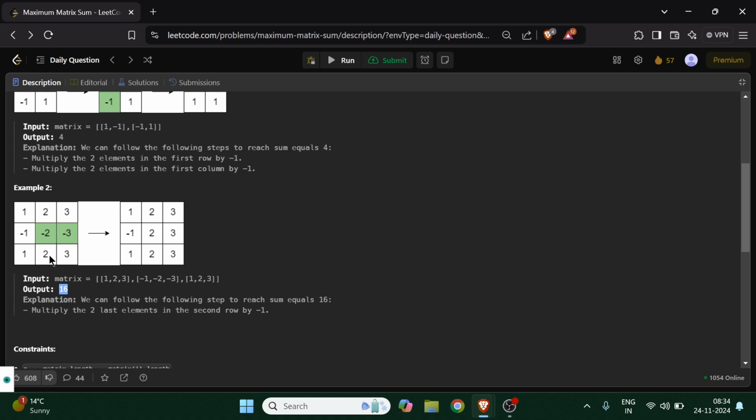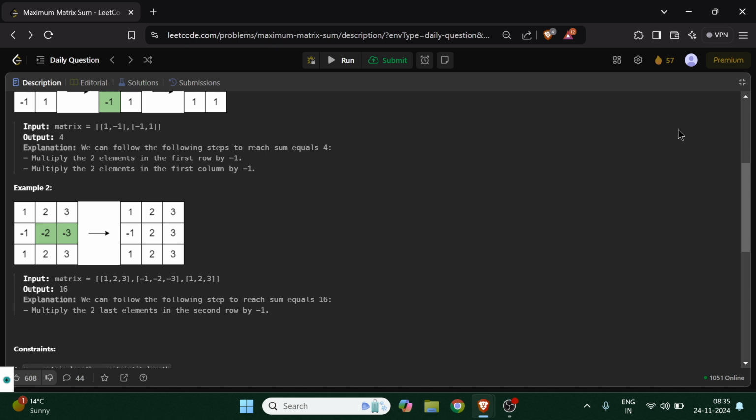And when we perform this operation with these two elements, this 2 will become positive and this one will become negative. Hence again the minimum value has the negative value, so this will be subtracted, and again the answer would be 16. So from here we find the observation that if the negative count is odd, in that case we will subtract the smallest value from the whole summation.